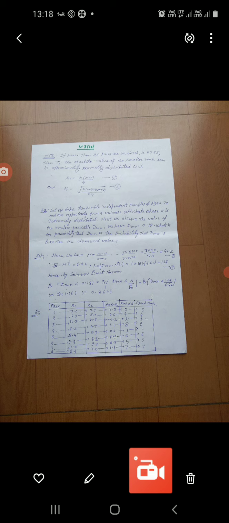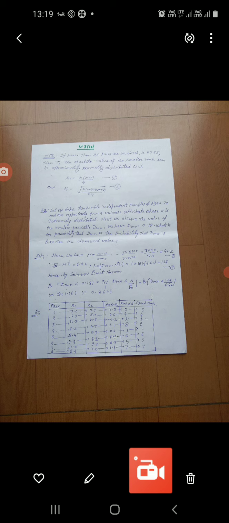Now in the Kolmogorov-Smirnov test, you have to find the value of N to the power 1 by 2, that is under root N. If you find under root 41.2, its value comes out to be 6.42. Thus we have under root N equal to 6.42.